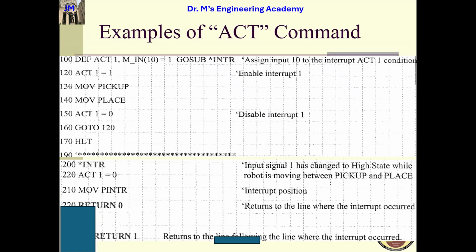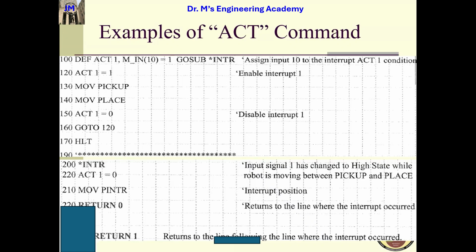Whenever you come to this interrupt, the first thing is that you must set this itself to 0. Makes sense? Otherwise, it will go into a loop. Whenever you respond to this interrupt, first you need to disable this interrupt itself, then you can handle it, and then finally return 0.